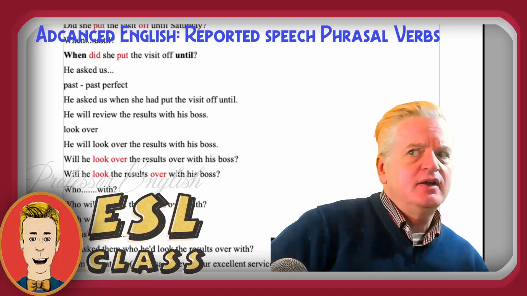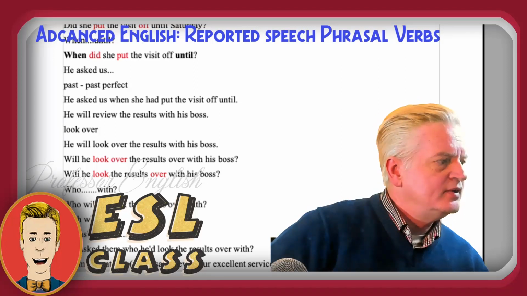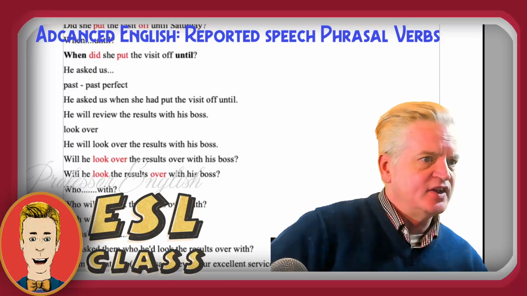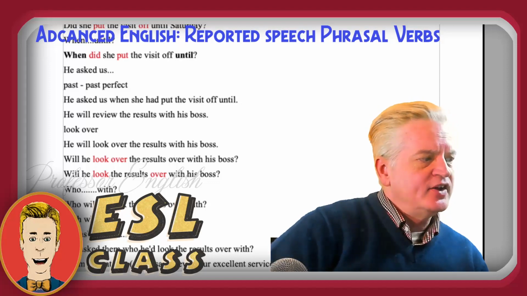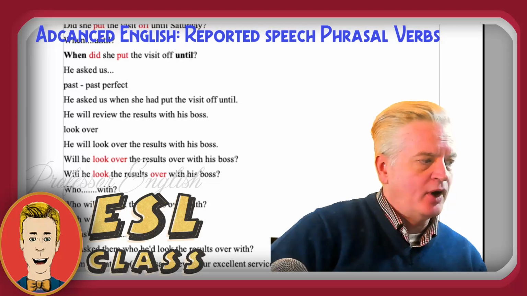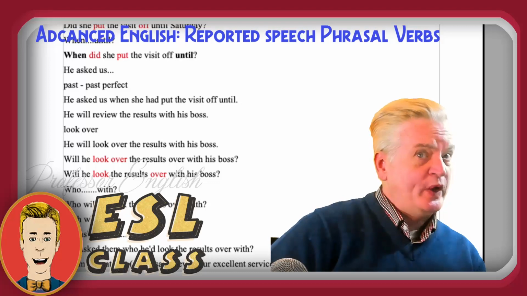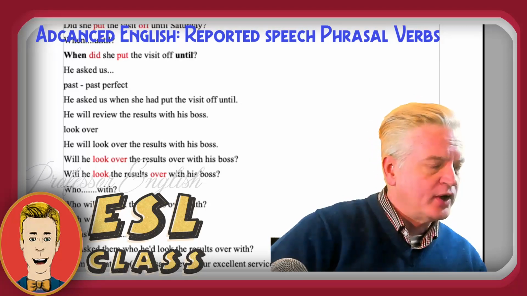How would you make a yes-no question? Mikhail has made an example where he says he will review the results for his boss. What's the difference between saying review the results with his boss and for his boss?